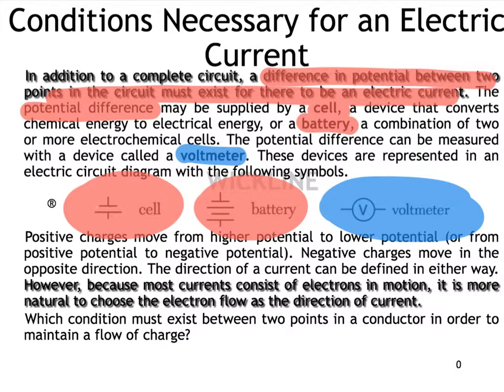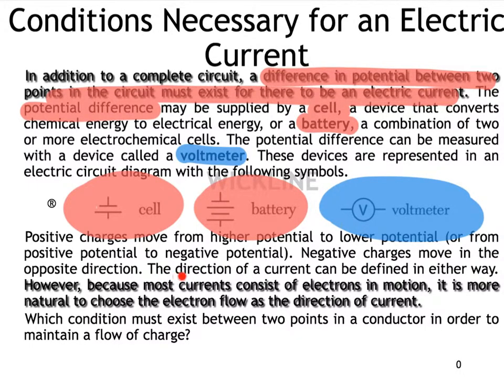So there's a little bit more to this idea of current. Positive charges will actually move from higher potential to lower potential, which is the positive potential to the negative potential, meaning that the positive charges move from the positive part of the battery to the negative part of the battery. Alternatively, if you were going to define this in terms of negatives, the negative charges would move from the negative to the positive.